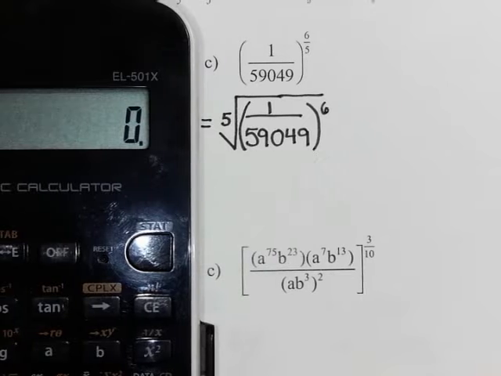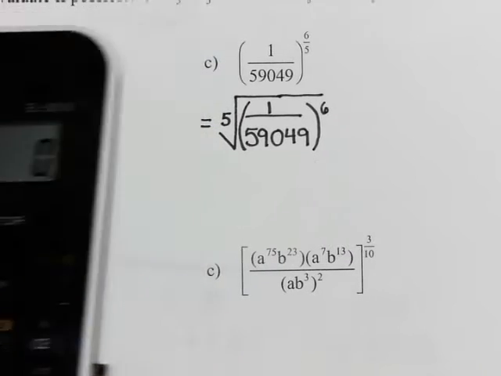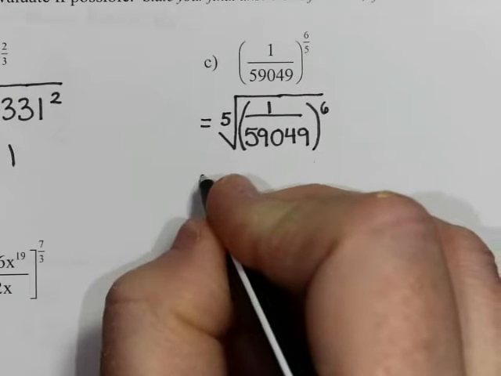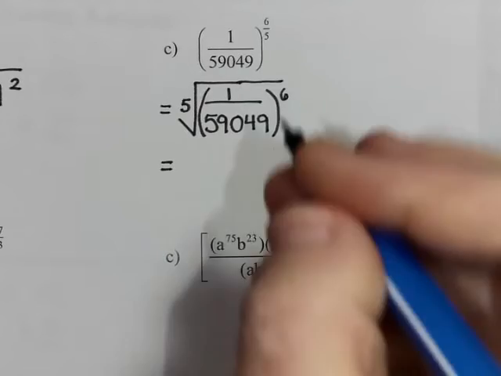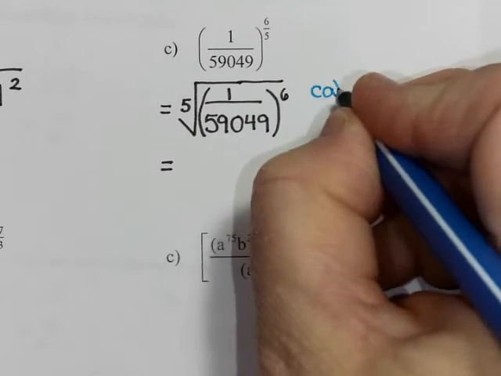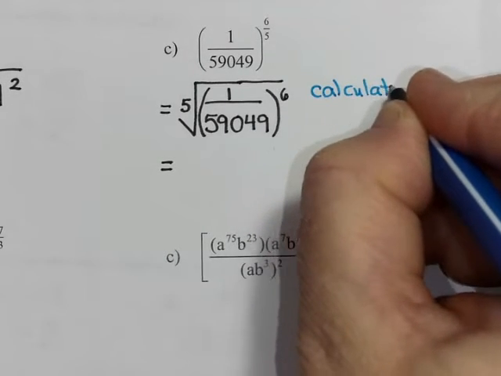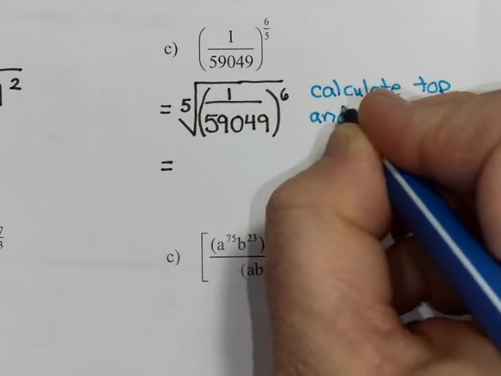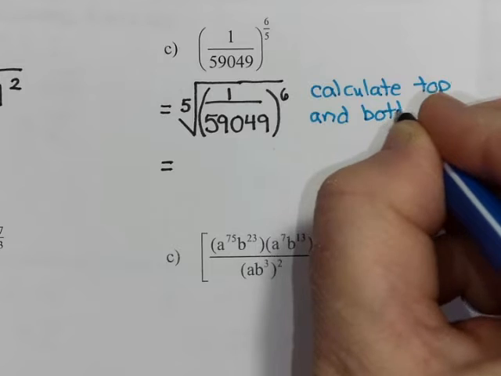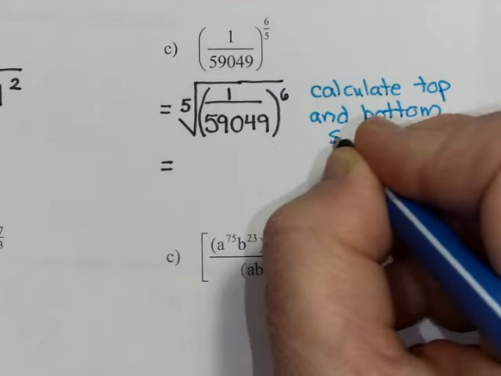One where I do the numerator and one where I do the denominator. So I have to do them as 2 separate calculations, right? I can't just calculate the whole thing at once. So I'm going to make a little note. We're going to calculate top and bottom separately.